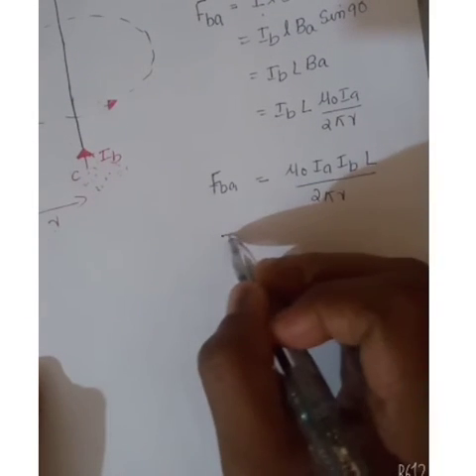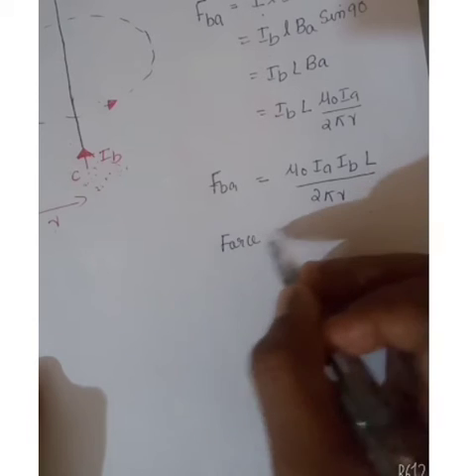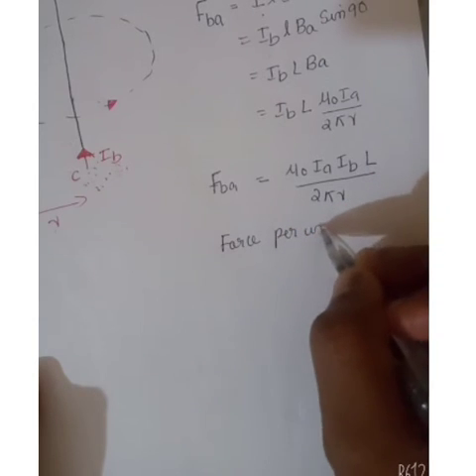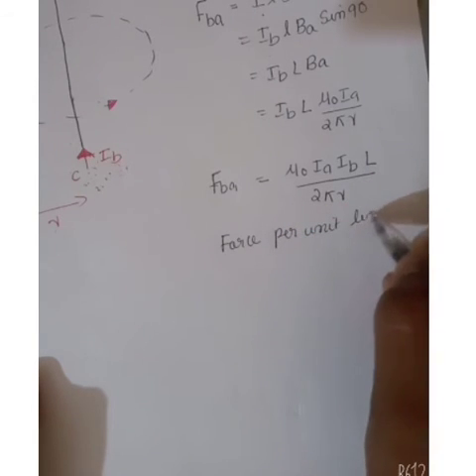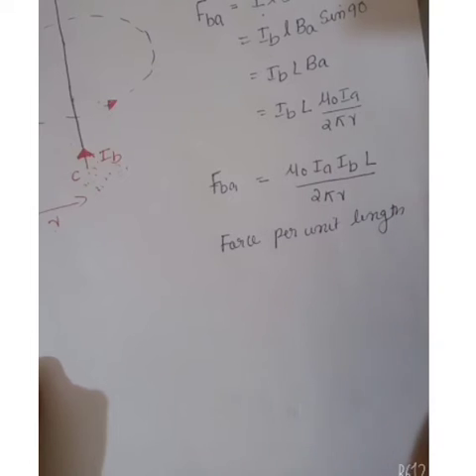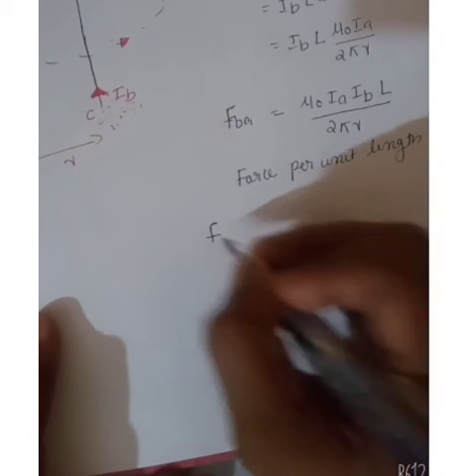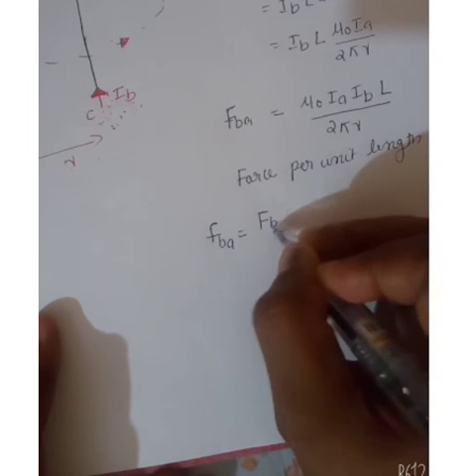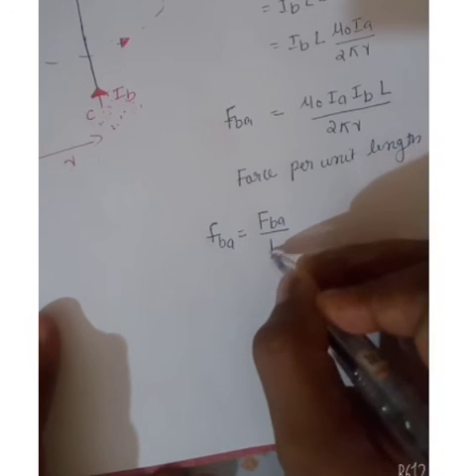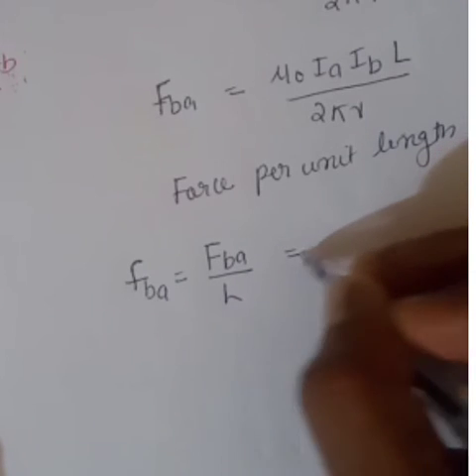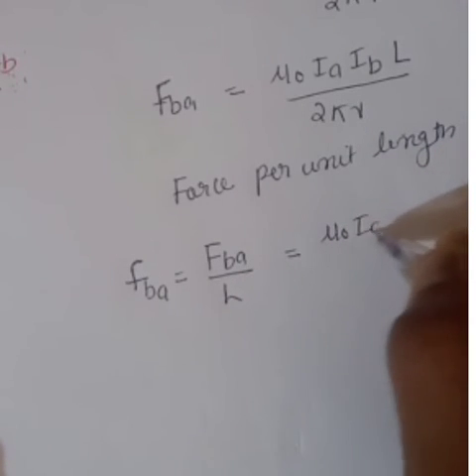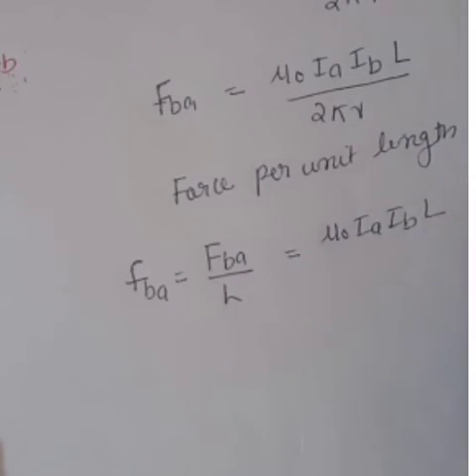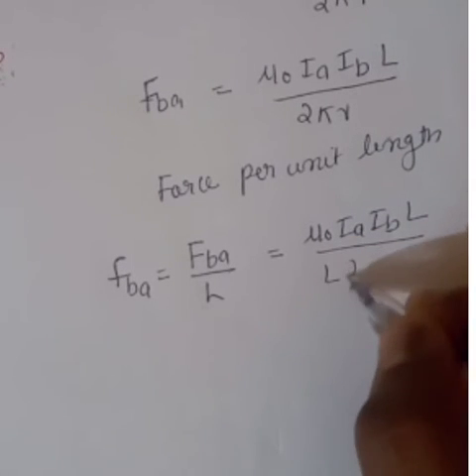The next step is to find the force per unit length. The force per unit length is capital F BA divided by L, which is equal to mu 0 IA IB L divided by L into 2 pi r.